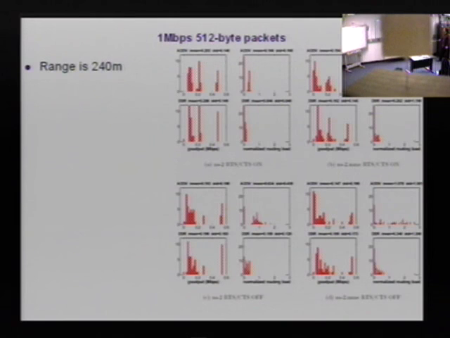Let me explain. This is the number of occurrences. These are AODV results, DSR results, AODV results with RTS/CTS off, and DSR results with RTS/CTS off. This part is NS2, this part is NS2-MME.